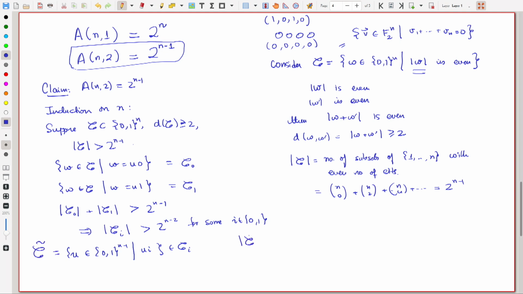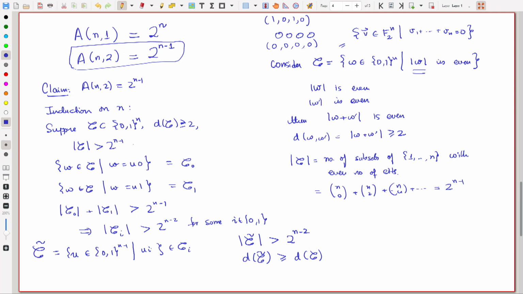So, C tilde has cardinality greater than 2^(n-2), but what is the distance of C tilde? It is at least greater than or equal to the distance of C, because if two words in C tilde have distance d, then to get the words in C, we are just adding i at the end, either 0 or 1, to both of them.